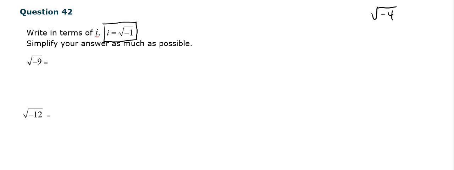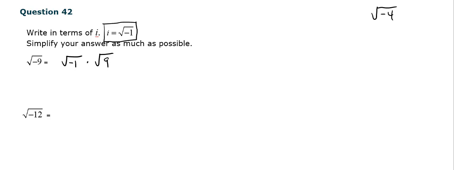So we're going to simplify primarily the same way as we normally do, with one exception. Under the set of complex numbers, we can have a negative under the radical. So what we do is we rewrite it as the square root of negative 1 times the square root, in this case, of 9.